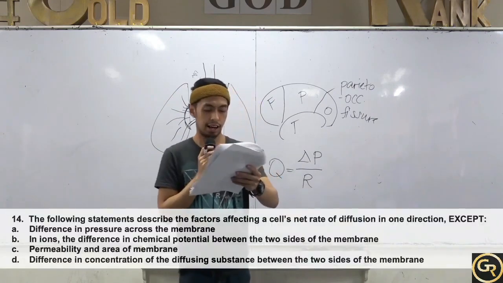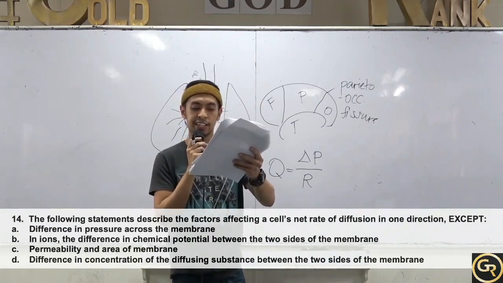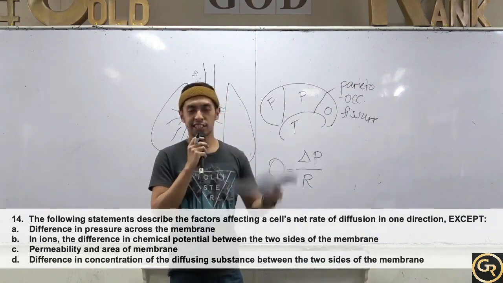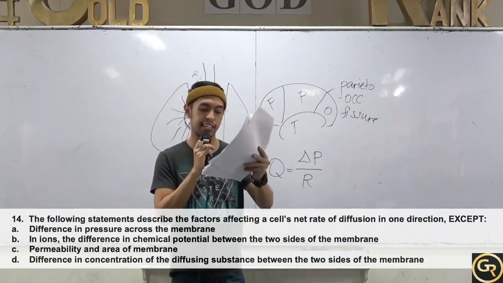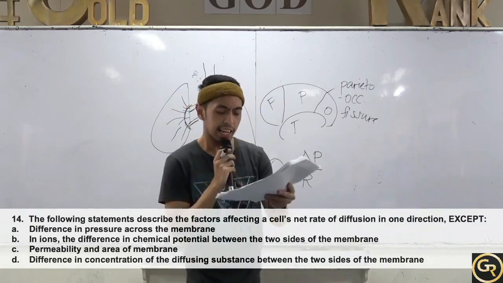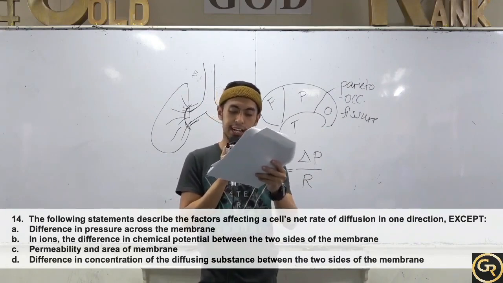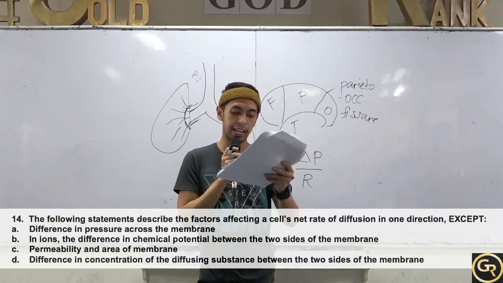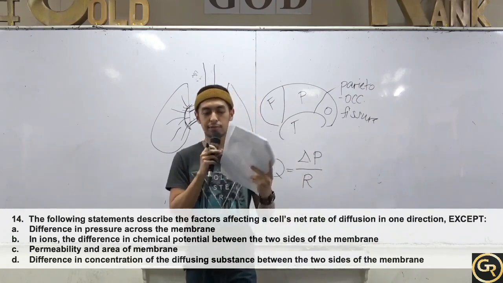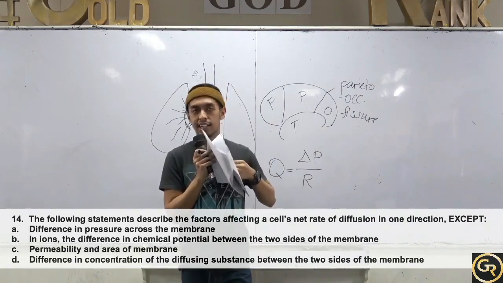14. The following statements describe the factors affecting a cell's net rate of diffusion in one direction except blank. I'll just generalize it. Most of the statements here are correct. The wrong one here is letter B. In ions, the difference in chemical potential between the two sides of the membrane. Is this correct? Since we're talking about ions, this would not be on the chemical side, this would be more on the electrical side.